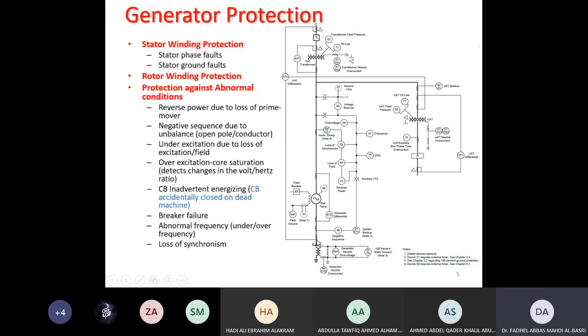So instead of measuring the current that will pass through the neutral, I can now measure the voltage across this resistance as an indication of a fault. So this is like 59G instead of 51N.